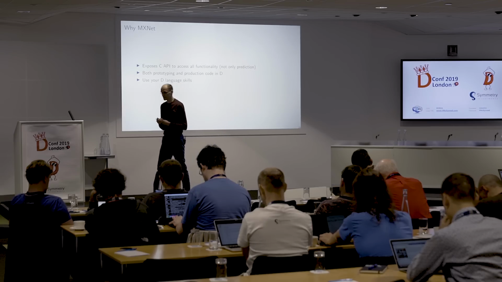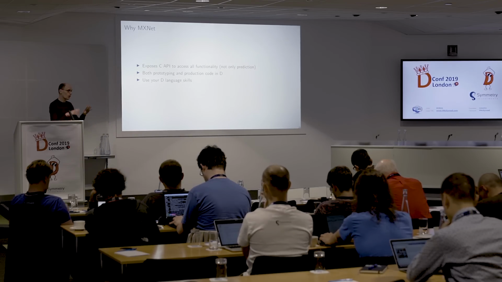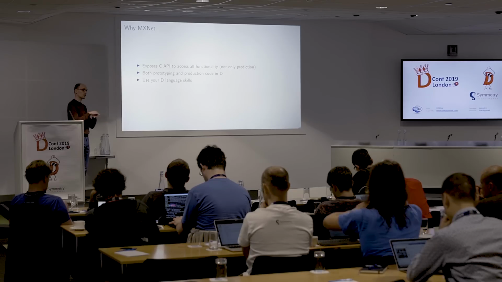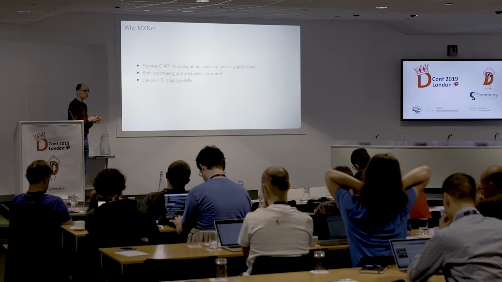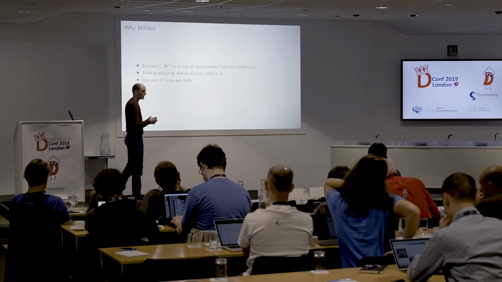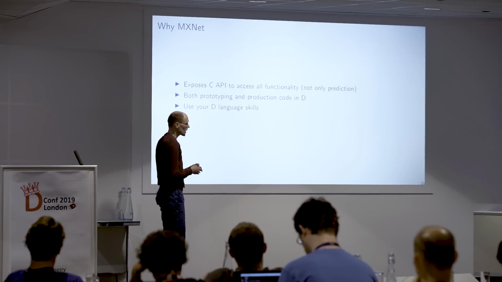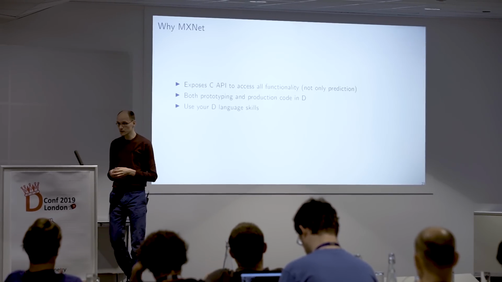That usually doesn't work. So this is a good reason. If you want to do all of your training and predicting in D, then I think this is maybe one of the only options if you want to use some already existing framework, right? So you could do both prototyping and production code in D if you integrate it.